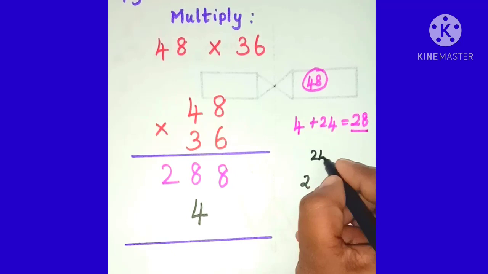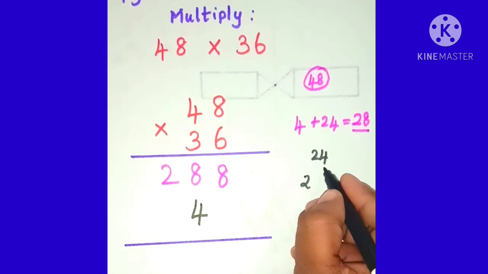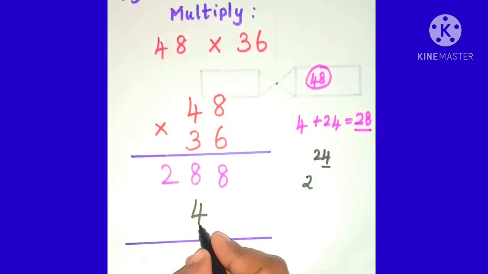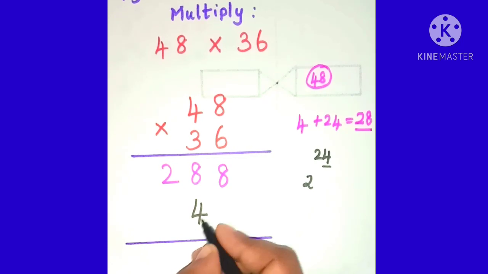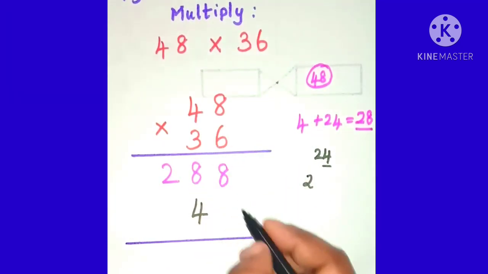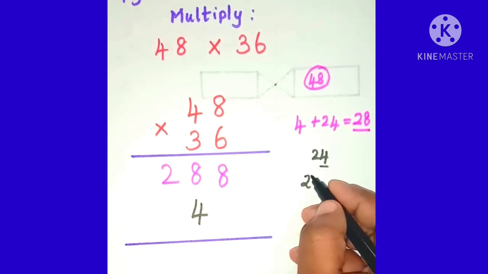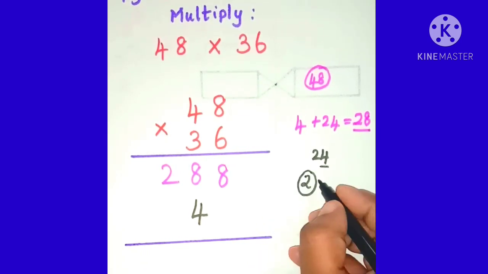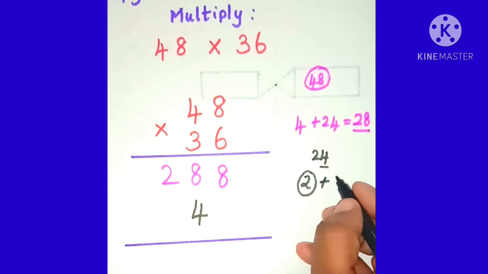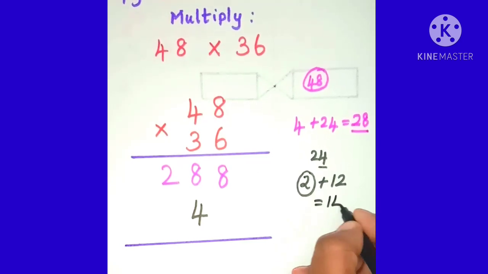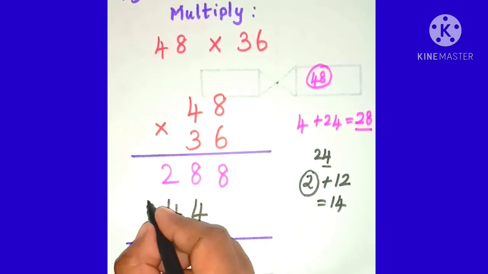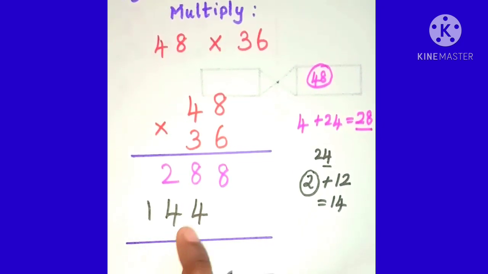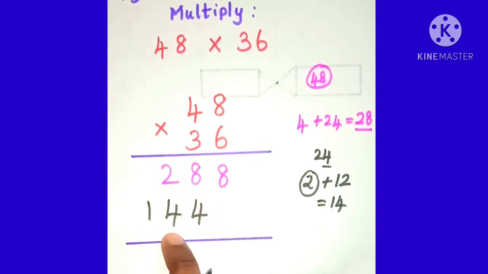From 24, you write the digit which is in the ones place in the tens place. And 3 into 4 is 12. Here already 2 is there. So, 2 plus 12 is 14. So write 14 here in the hundreds place.